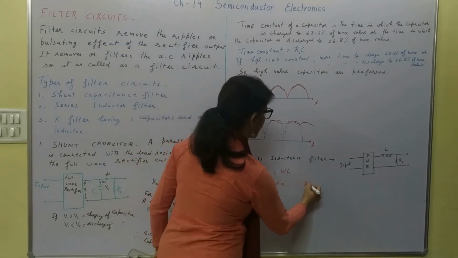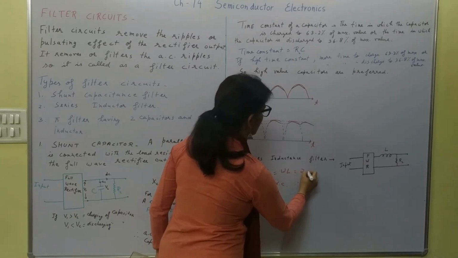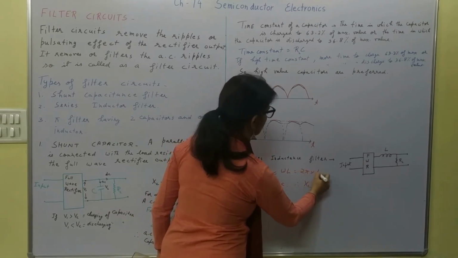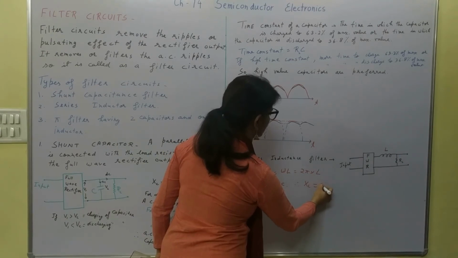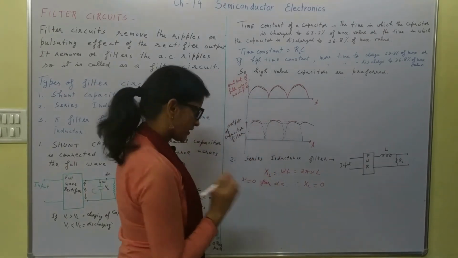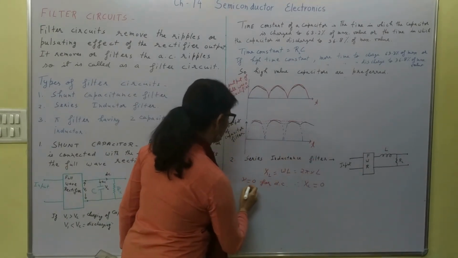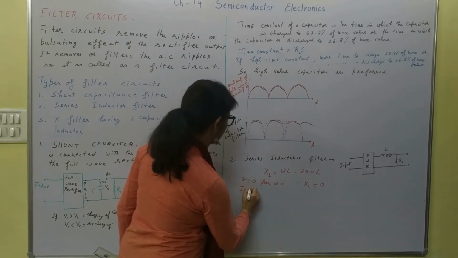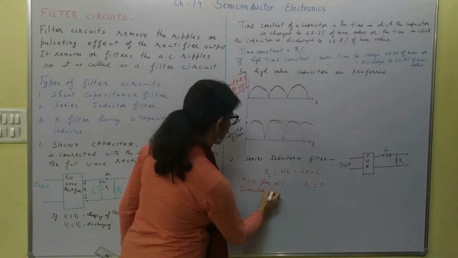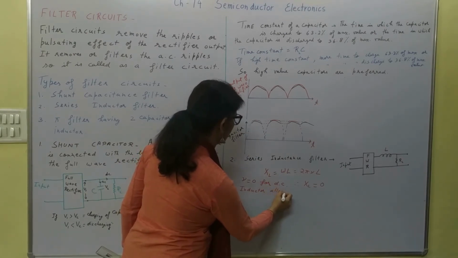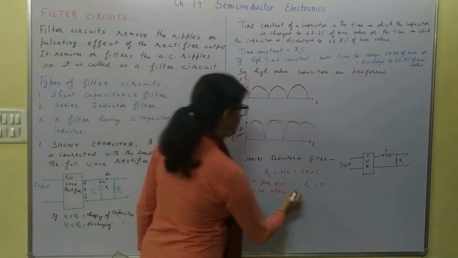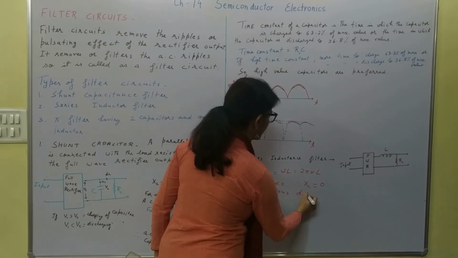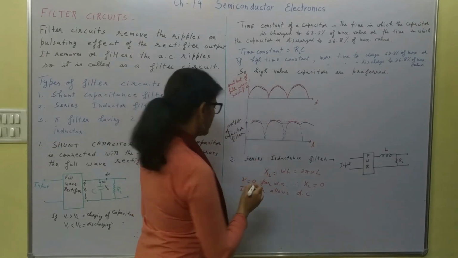Therefore, XL is equal to 0. So you can say that an inductor allows DC, right?